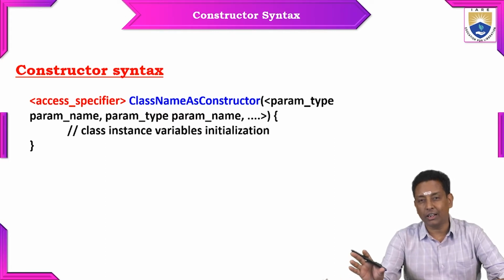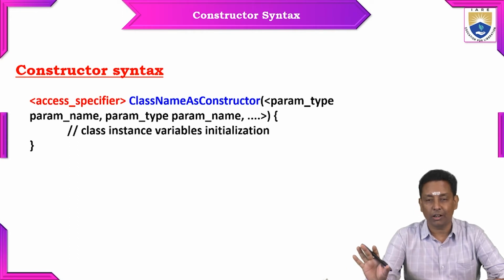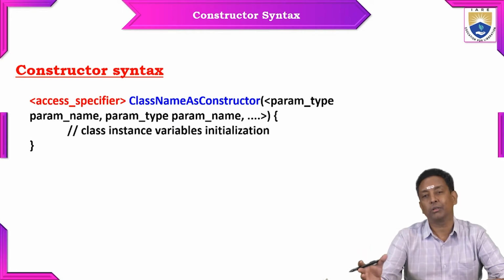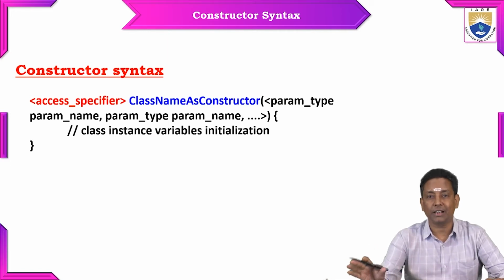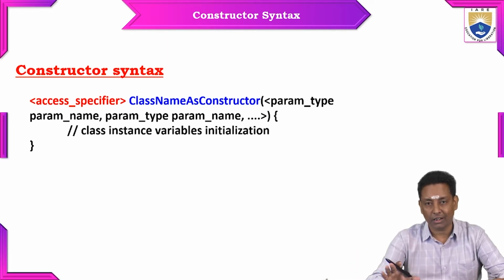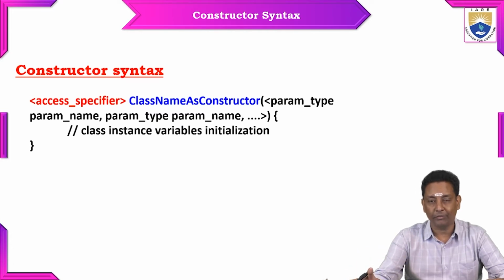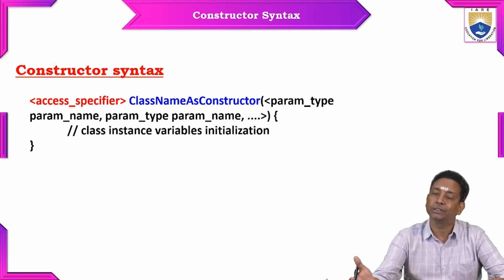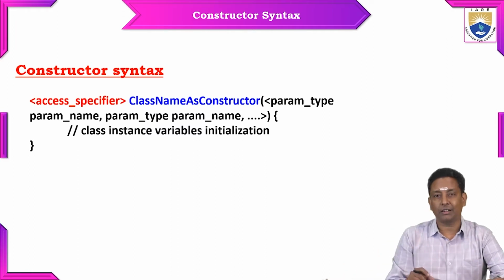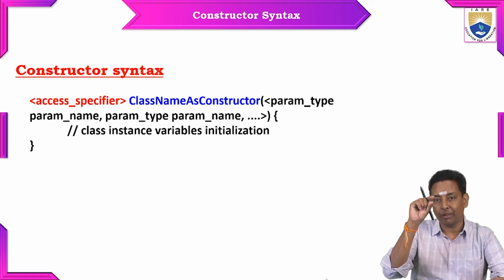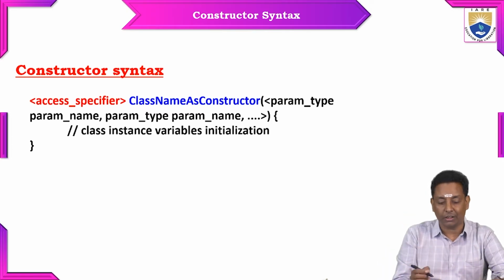When you see the constructor syntax, it looks similar to a method. It is almost a method, but its name is the same as the class name, and it has no return type, because the constructor return type is the same class type itself. So we'll find almost the same syntax as a method.